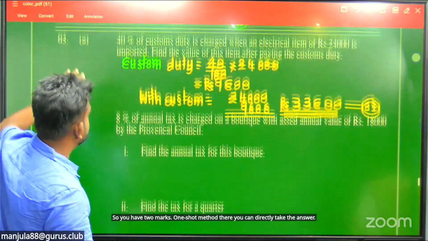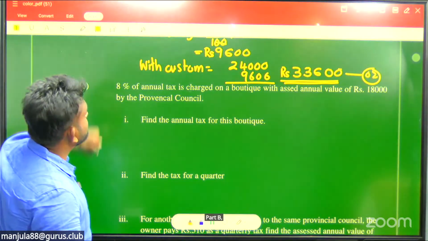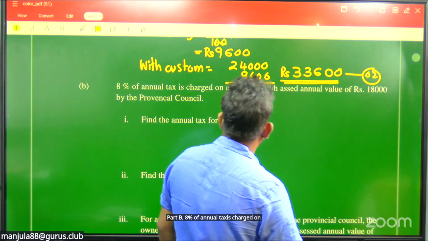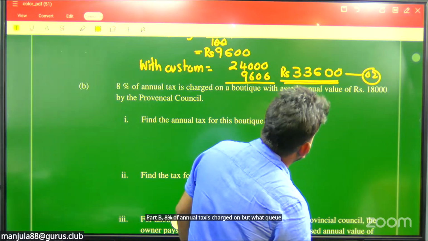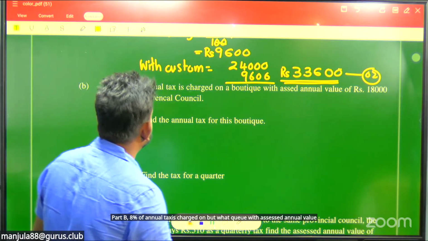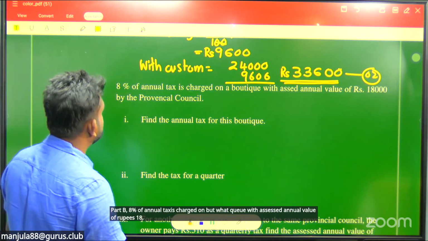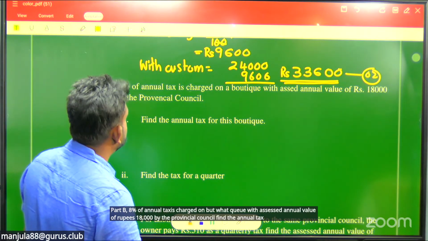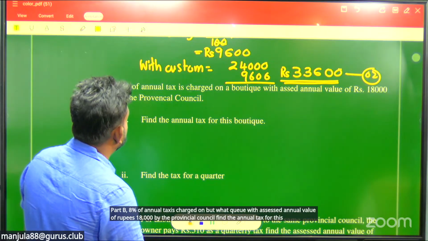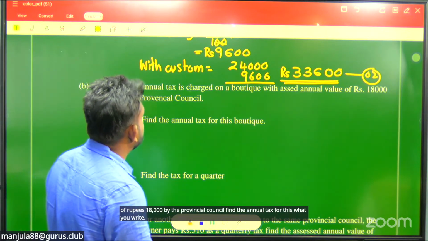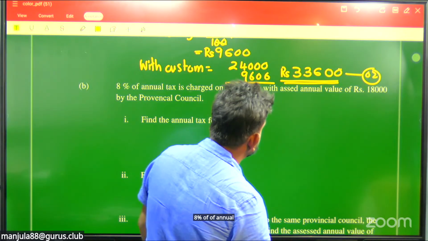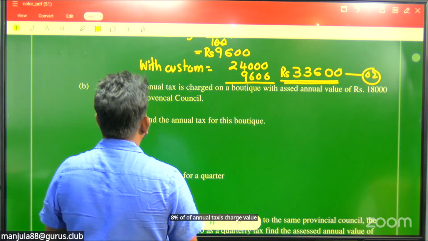Part B, 8% of annual tax is charged on a house with assessed annual value of rupees 18,000 by the provincial council. Find the annual tax for this house.